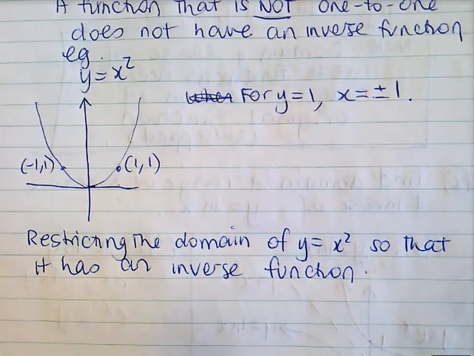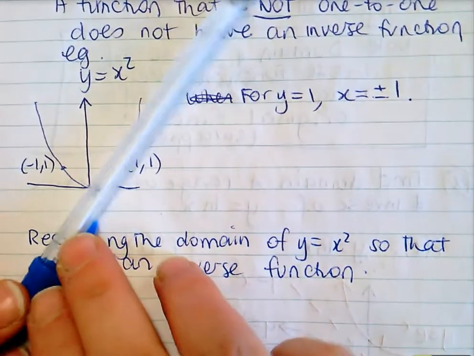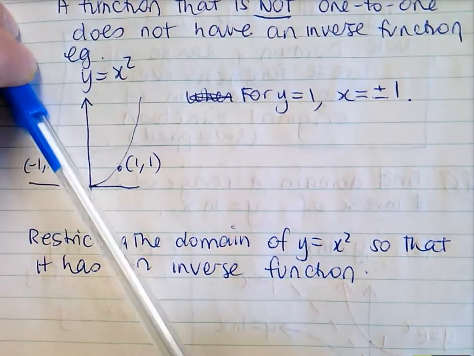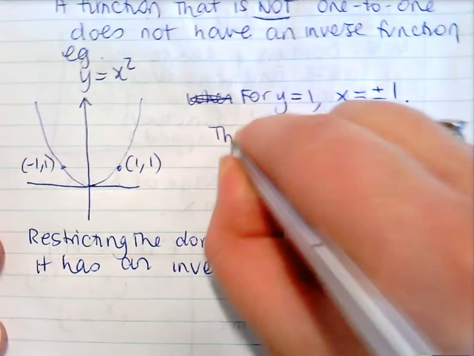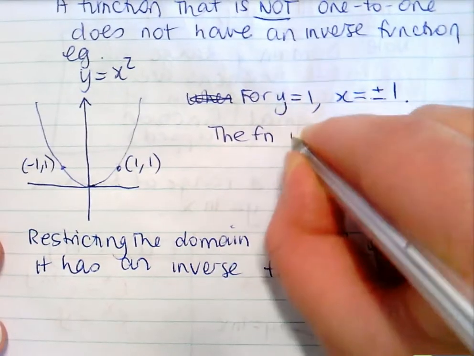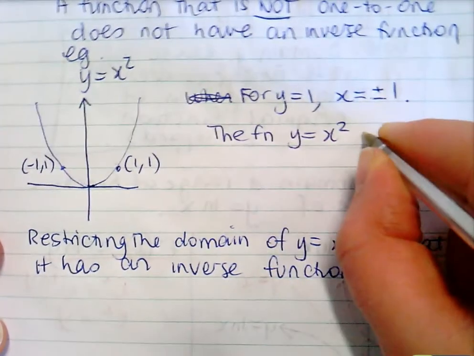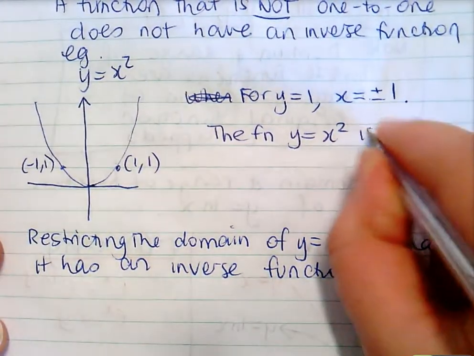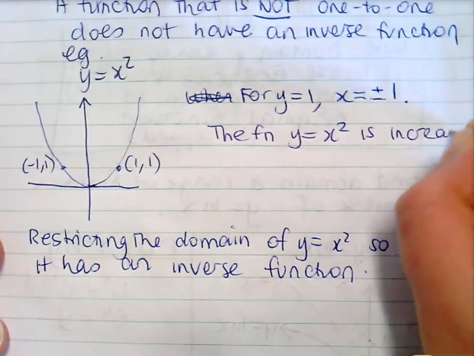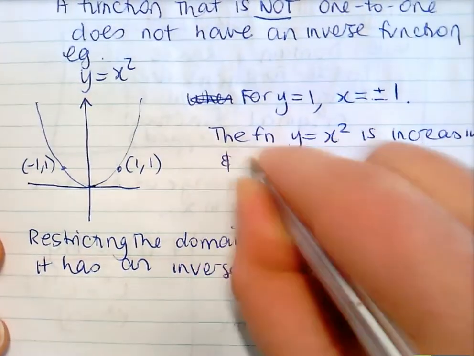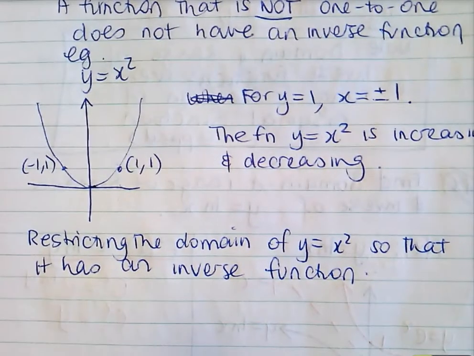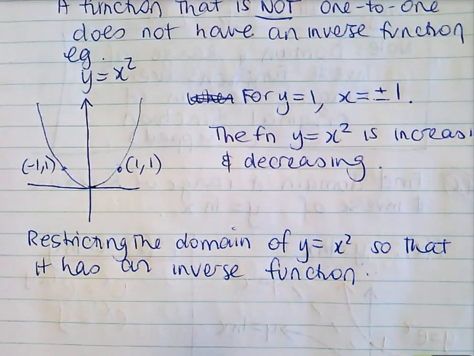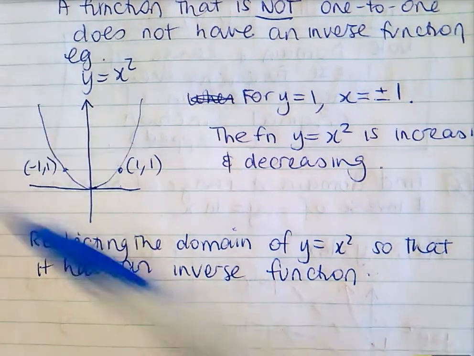See, girls, the problem with this, what have I got here? Increasing, decreasing. That's the problem with the function. The function y equals x squared, for its whole domain, is increasing and decreasing. That's why it has no inverse function as it stands like that.